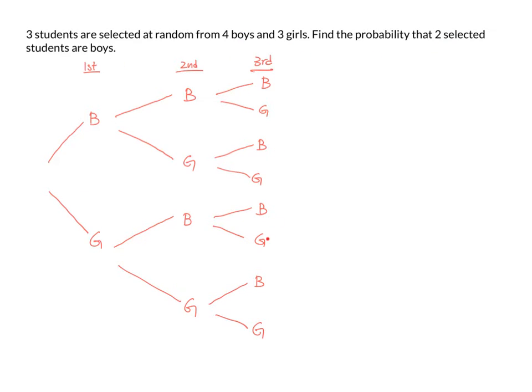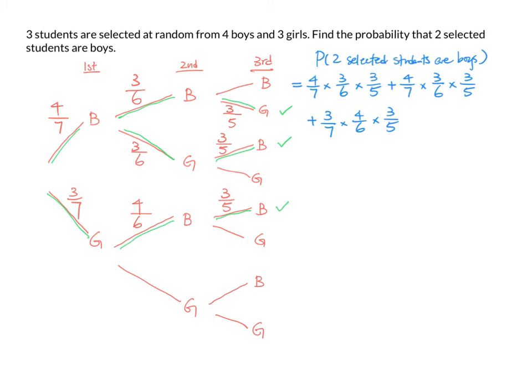Okay, so we have set up the tree diagram, and these are the 3 paths that are desired. 1, 2, 3. So these are the paths for 2 boys and 1 girl, and here are the probabilities.